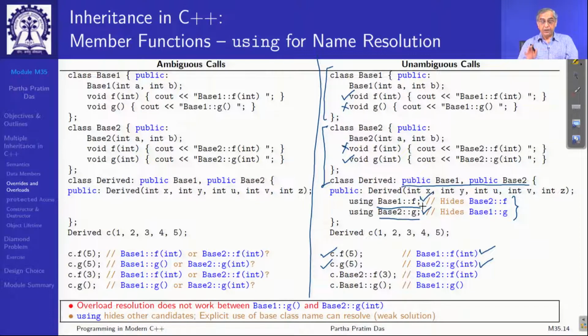The other two functions are hidden, but mind you, they can still be called by fully qualifying with the name of the base class. If I want to call the function f of base 2, I can still do that by qualifying it not as f, but as base 2 colon colon f. Same thing I can do for g.